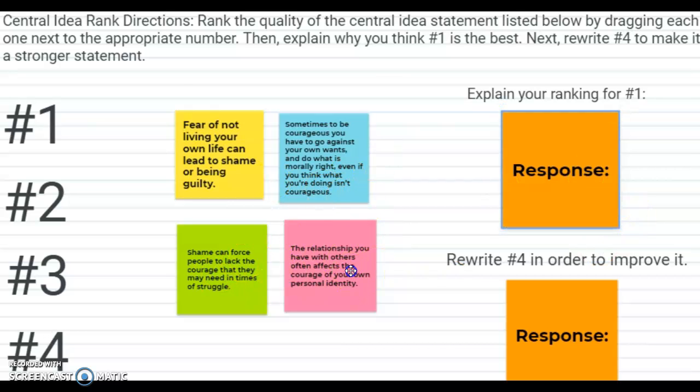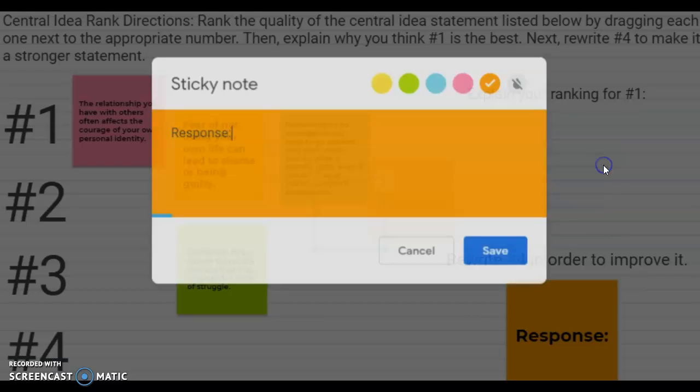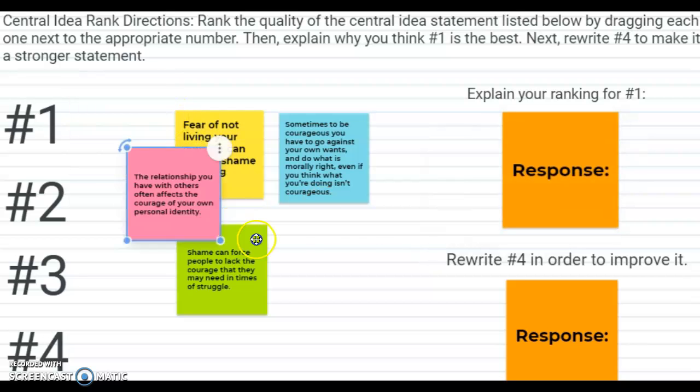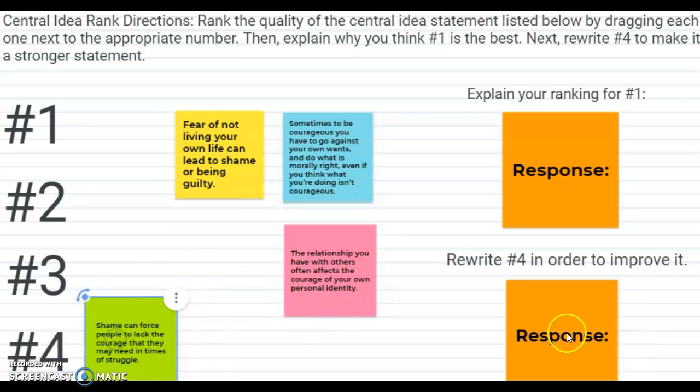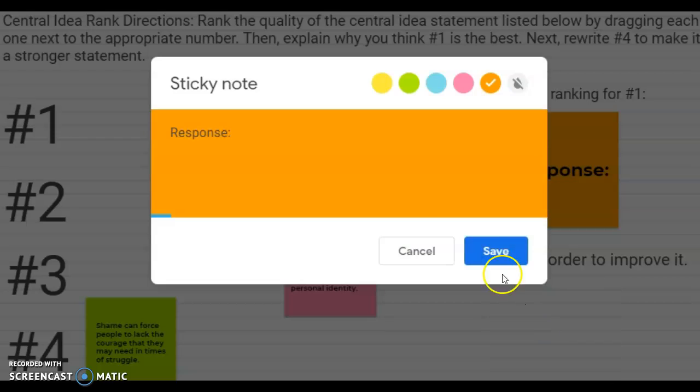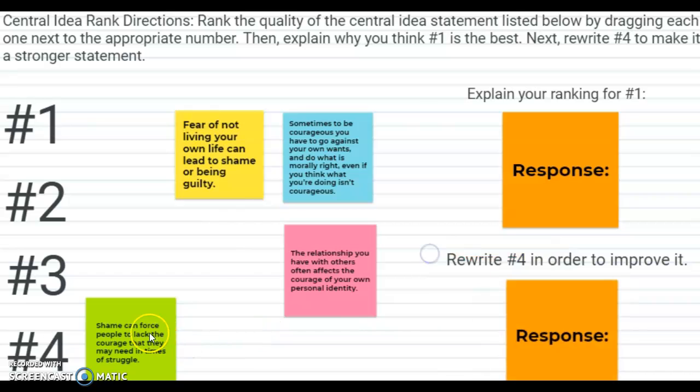So let's say I thought the pink one was best, I'd put it here, and then I'd click in here and write why it was the best based on the qualities of a good central idea statement. And then for number 4, whichever you think is the worst, you're going to rewrite it to make it better, just like you did in the last slide.